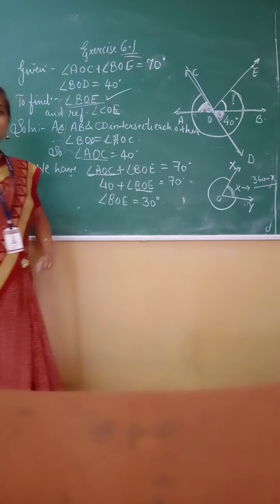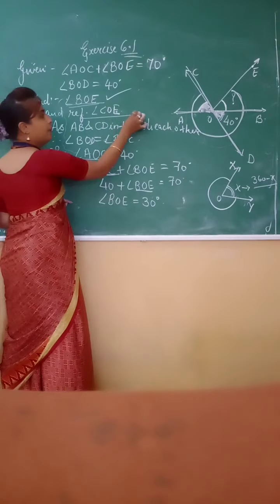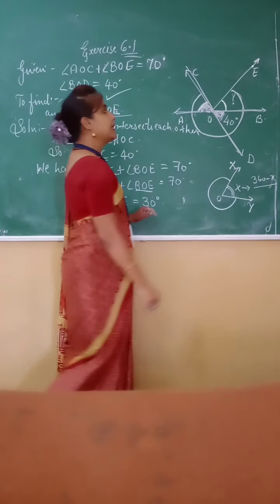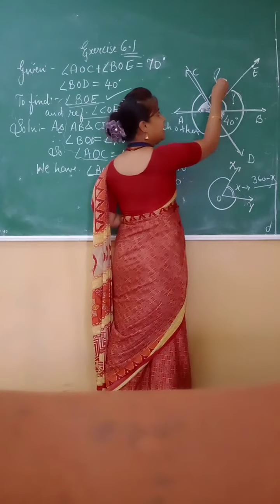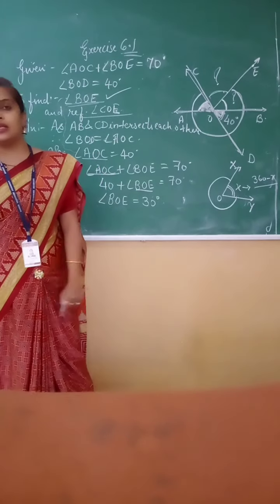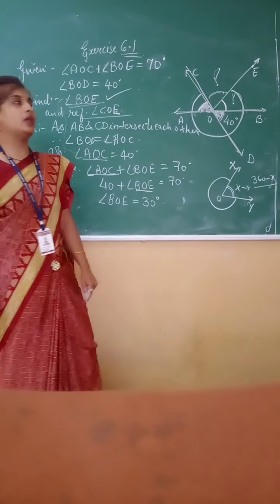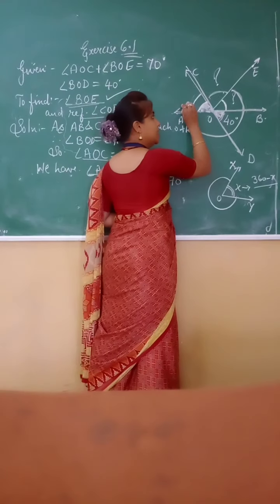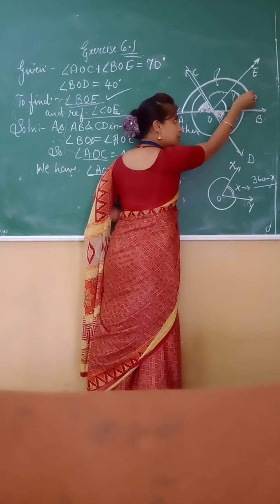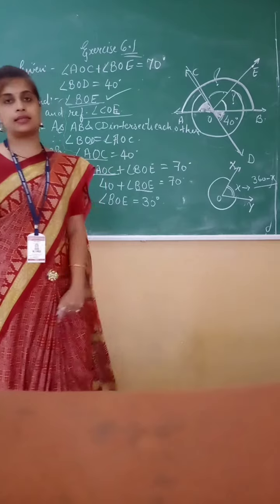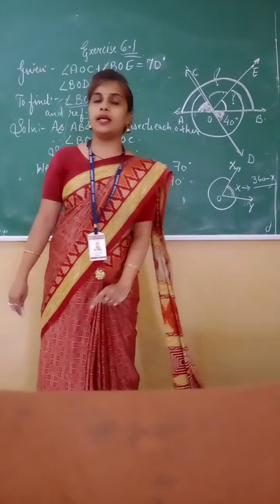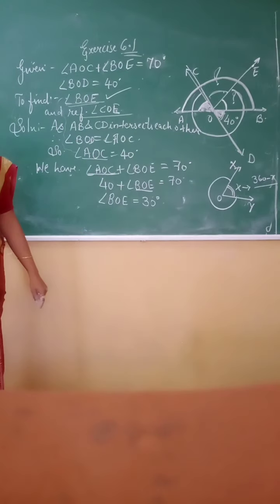एक पार्ट फाइंड हुआ. Secondly, we have to find reflex of COE. Reflex angle COE फाइंड करने के पहले हम फाइंड करेंगे कि इस COE की वैल्यू क्या है. तो COE की वैल्यू फाइंड होगी by finding out the sum of all these three angles. These angles are on the straight line, और straight line के angles का sum कितना होता है?